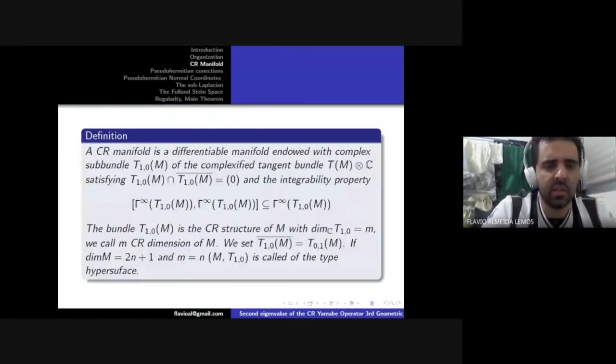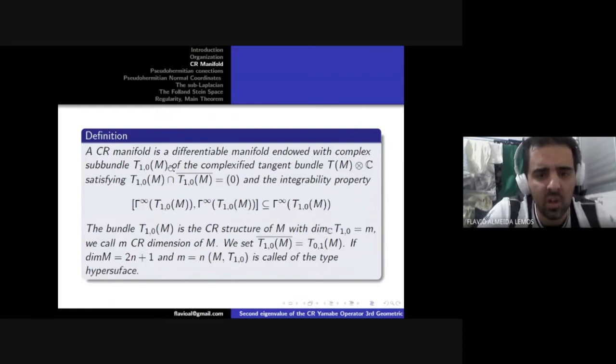So what is a CR manifold? A CR manifold is a differentiable manifold endowed with a complex subbundle T10 of the complexified tangent bundle, satisfying the integrability property.